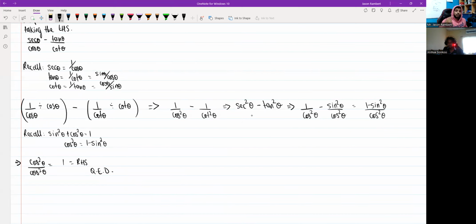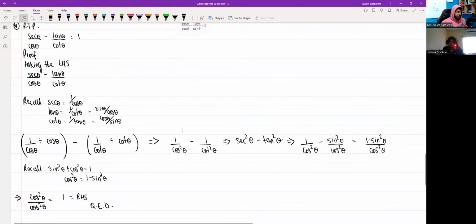Now, time for the proof. 1 is equal to that. If I take the right hand side first, my first line is 1 is equal to cosine squared theta over cosine squared theta. Then I recall cosine squared theta is 1 minus sine squared theta, and I'll only replace the numerator: 1 minus sine squared theta over cosine squared theta.